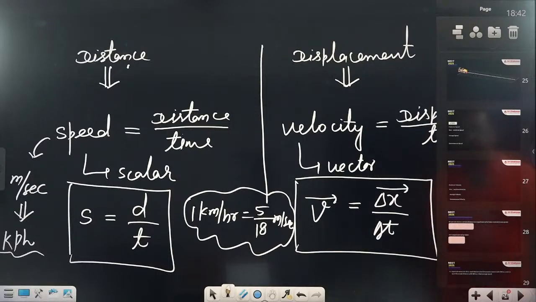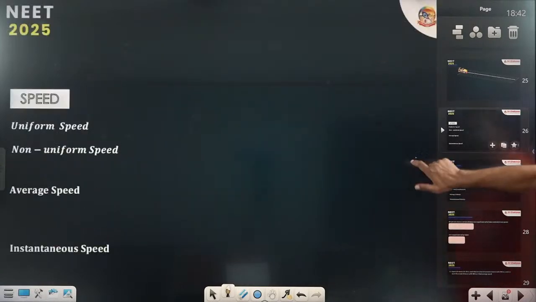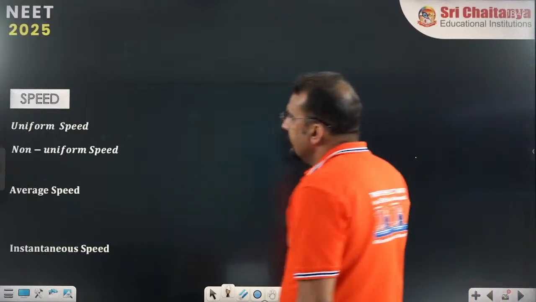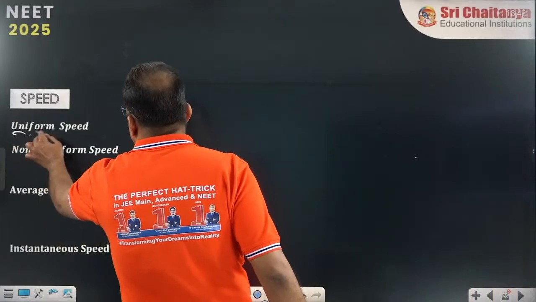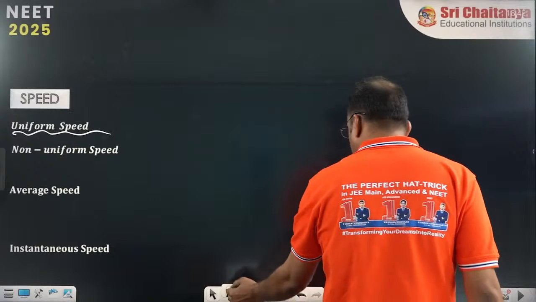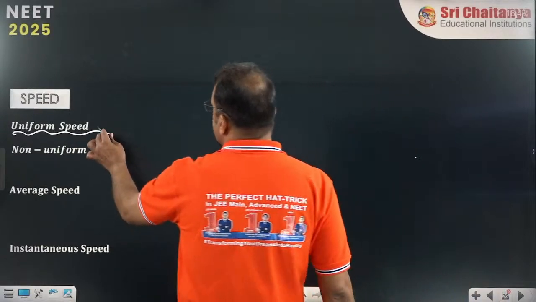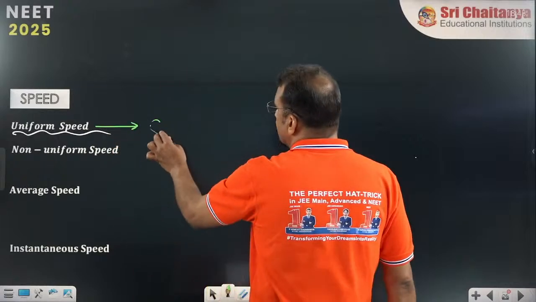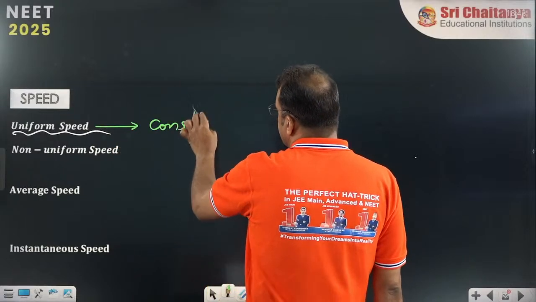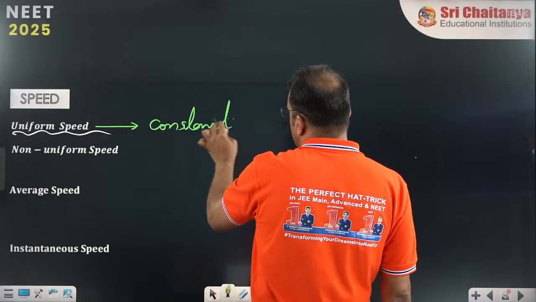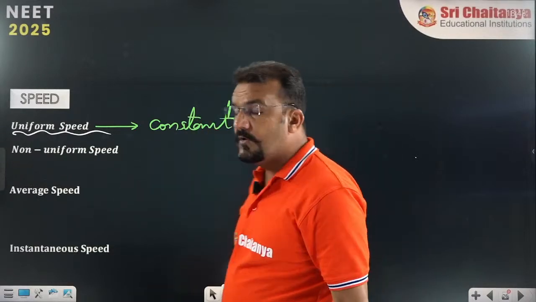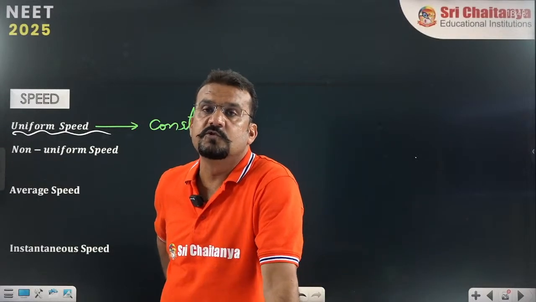If someone asks you how to calculate, and points 2 and 3, these points you should also know. If someone asks what you mean by uniform speed, can you tell me? These types of words will be found when you are solving questions. Uniform means, dear student, uniform means constant. If equal distance is covered in equal time intervals, this is called uniform speed.